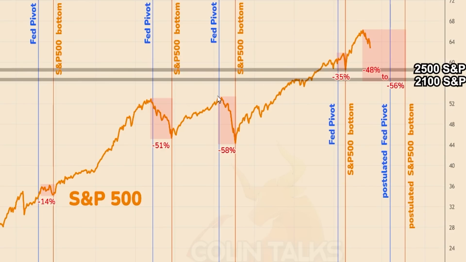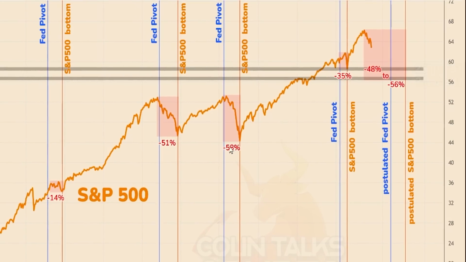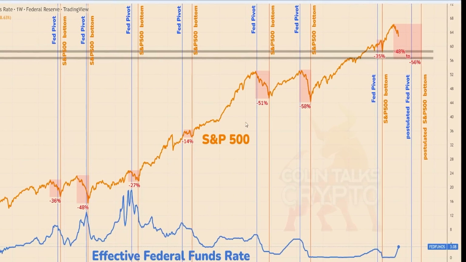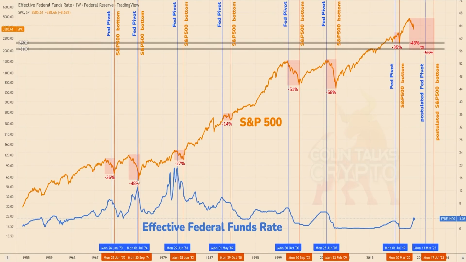Below that, we would be down here at the 2008 highs or the 2000 highs, both at the top of those major economic events. But let's say that we're being a little conservative. We're not going to drop all the way down that far. Again, looking at the past patterns, we've seen that 51%, 58% is kind of the high end of the spectrum. 20, 14, 36, 48%, that's kind of the middle range of the spectrum.